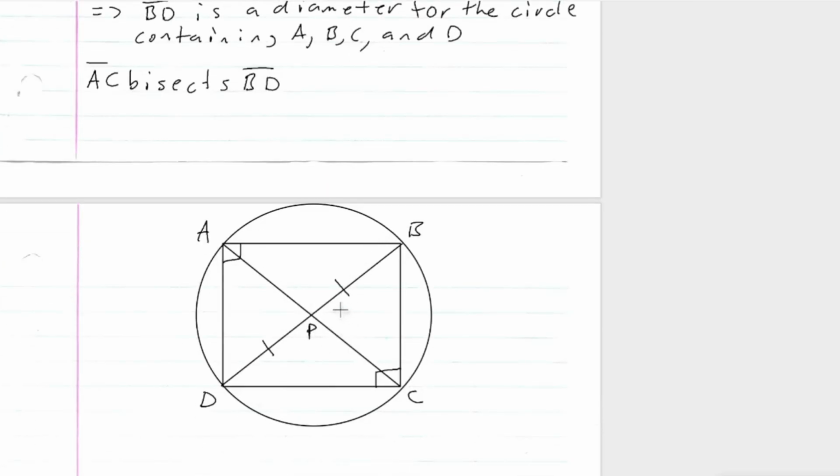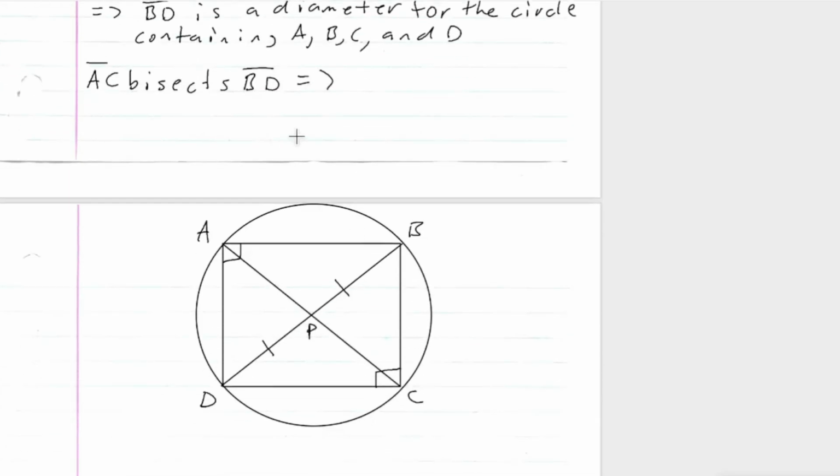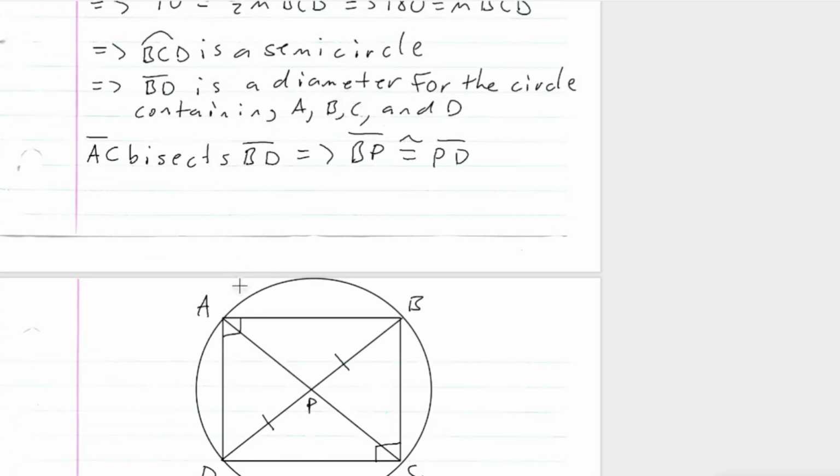Now we're going to use the fact that AC bisects BD. So this implies that BP is congruent to PD. And if I have that BD is the diameter for the circle containing A, B, C, and D, and that BP is congruent to PD, right?